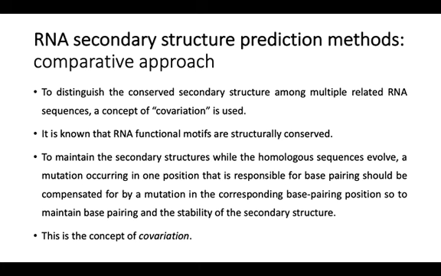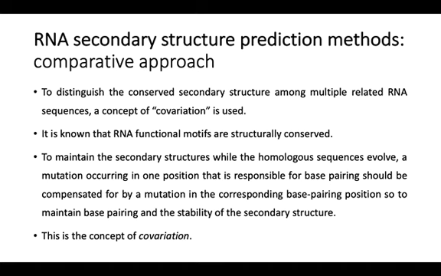So this is the concept of covariation. If there is a mutation at one position in the base pair, then there should be a mutation in the relevant base pairing as well. So this is covariation, because these are functionally conserved.